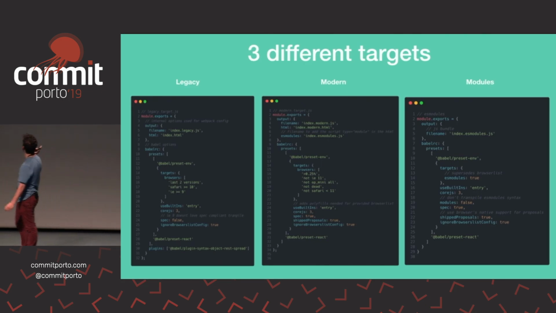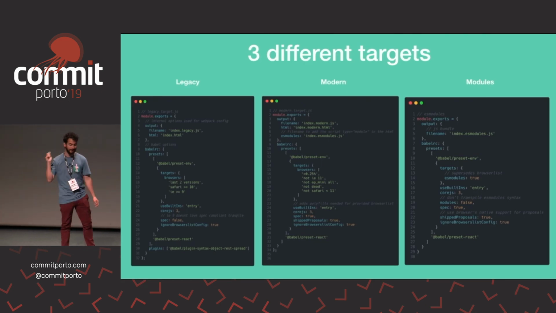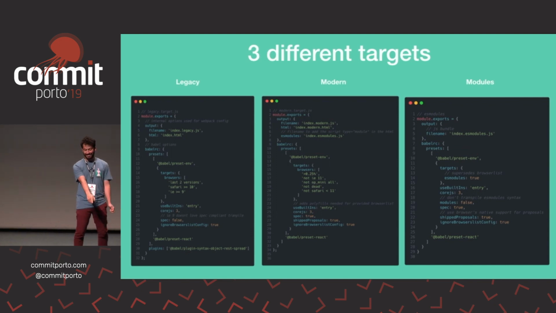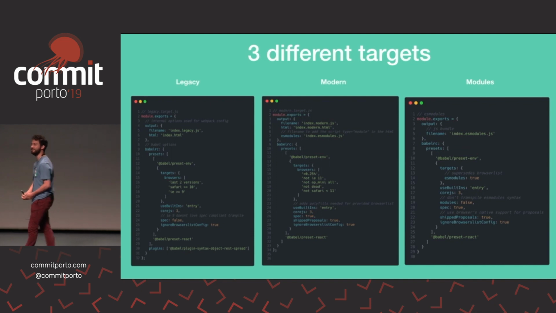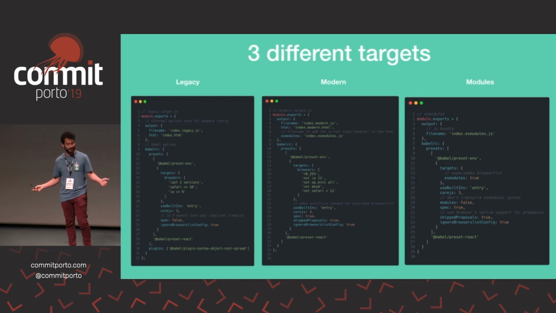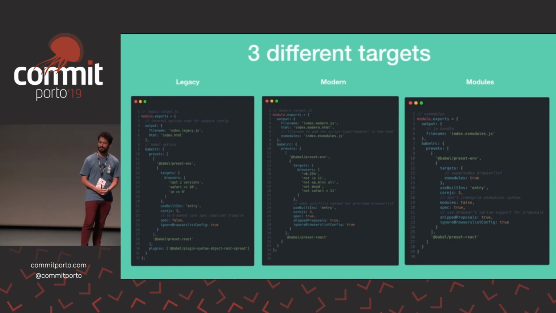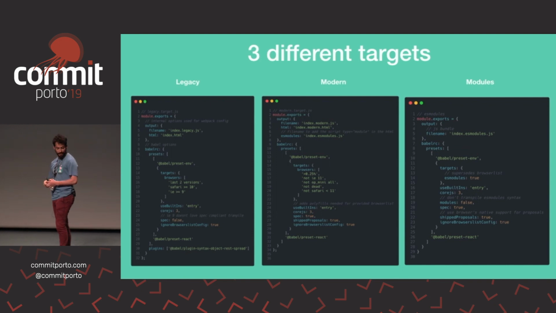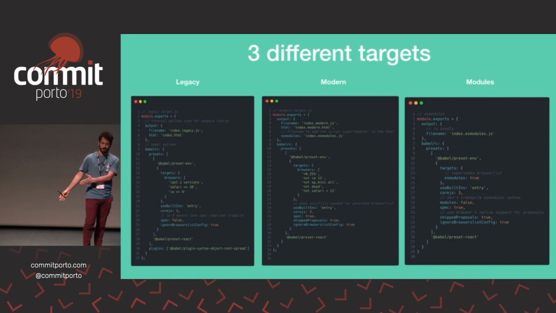Sorry about this, because I'm pretty sure you cannot read anything, but you have to believe me. There are 3 configurations. The first one is about legacy, which includes a browser list string that targets, in this case, really old browsers like Internet Explorer 9 or Safari 10. And it includes different configuration options that adapt better to those browsers.